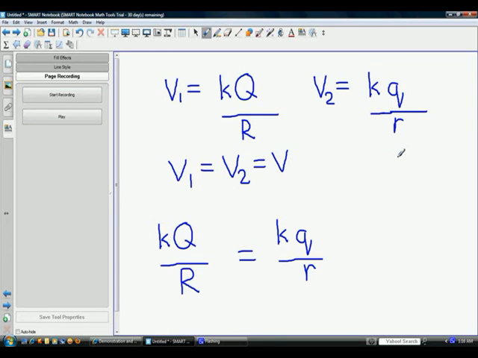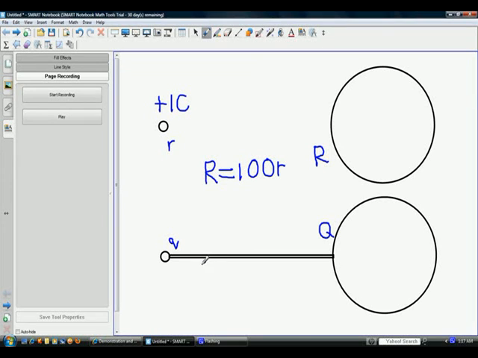Before being connected, the electric potential on the smaller sphere is given by K times small q over small r, where K is the electrostatic constant, the Coulomb constant, and the potential of the larger sphere is given by K times capital Q over capital R. Now remember, small q is equal to +1 coulomb and capital Q is equal to 0 coulomb. Therefore, the potential of the smaller sphere has some value while the potential of the larger sphere is 0 volts, which means when the two spheres are connected, there is a potential difference between the two.